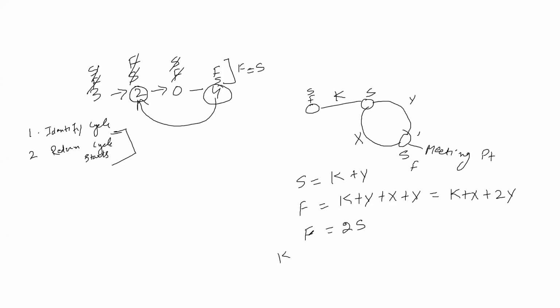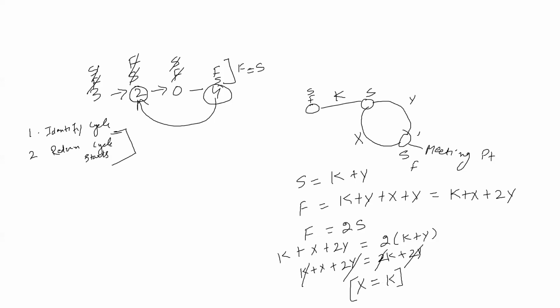We can say that the distance of fast, k plus x plus 2y, is equal to 2 times (k plus y), which becomes 2k plus 2y. The 2y gets cancelled, one k gets cancelled, and what we get in the end is x equal to k. So this mathematical equation proves that the distance x is equal to k.